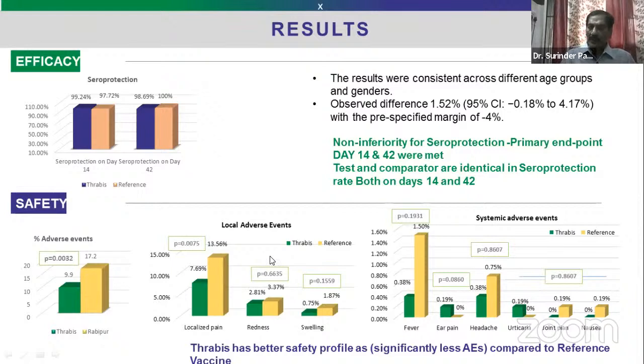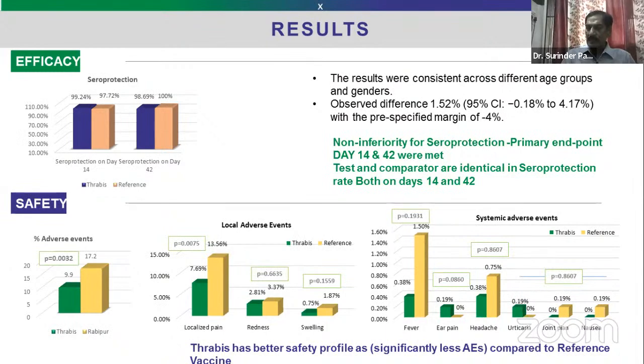The local effects were very few as compared to the controlled or comparable Rabipur injection. And similarly, in the systemic adverse effects, as we noted, all the adverse effects like fever, ear pain, headache, urticaria, joint pain, and nausea were all less than the controlled comparable vaccine, except ear pain.